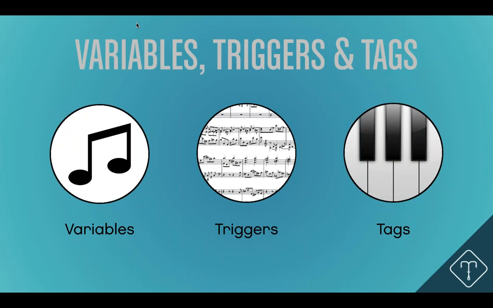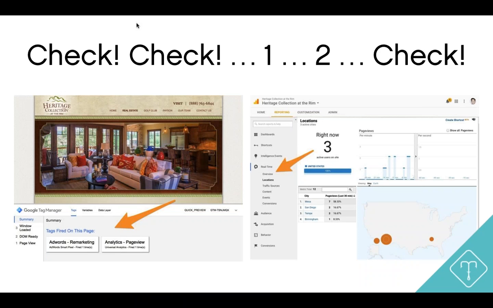Okay. Now, since we're writing music, it's also important to do a sound check. And so to do that, we will be using a couple different things. And these are checks that I recommend as you're creating your own tag management plan and creating tags on your own. So you'll want to use the Google preview pane.